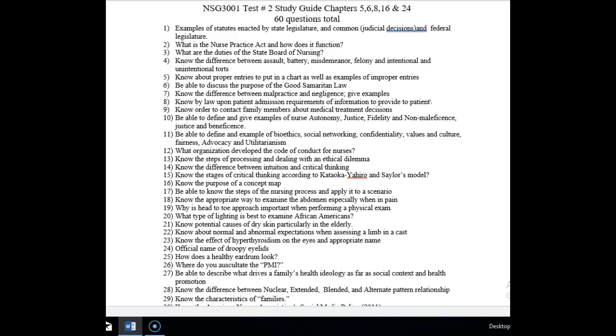Like for instance, you know that negligence is conduct that falls below the generally accepted standard of care of a reasonably prudent person. So there are certain things that are required for a person to do when they're working within their scope.